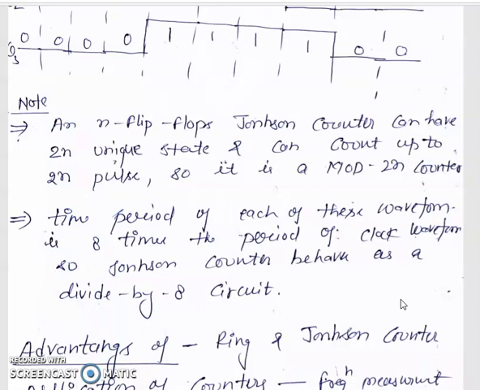But in case of a Johnson counter or twisted ring counter, each stage frequency is ft divided by 2n, that is the number of states in the Johnson counter. So it is called a divided by 8 circuit. This is a 4-bit Johnson counter. 2n, n is 4, so it is 8. So it is called f upon 8, or f divided by 8, that is a divide by 8 circuit.